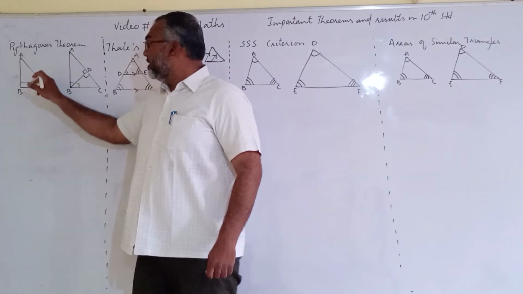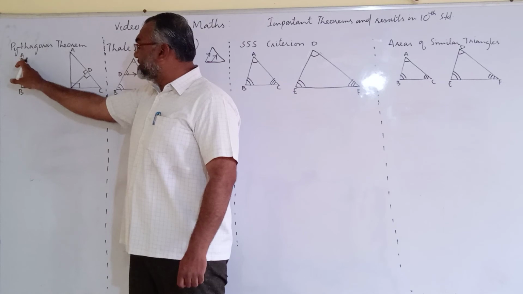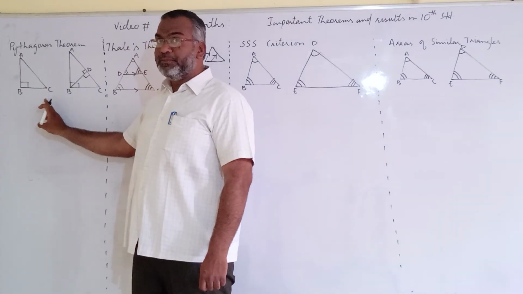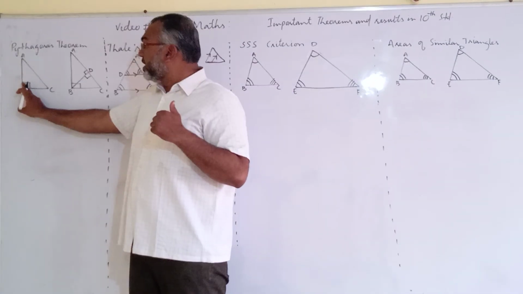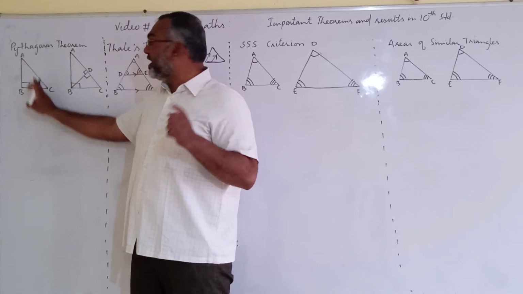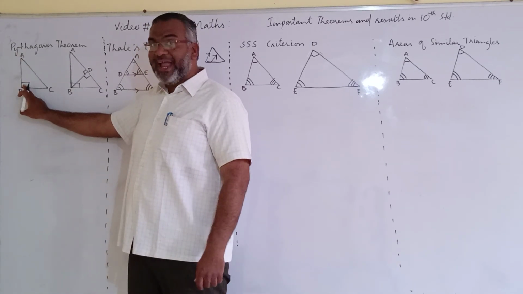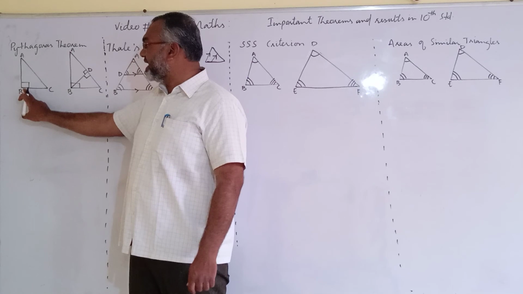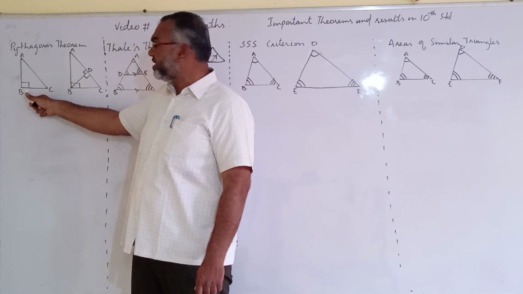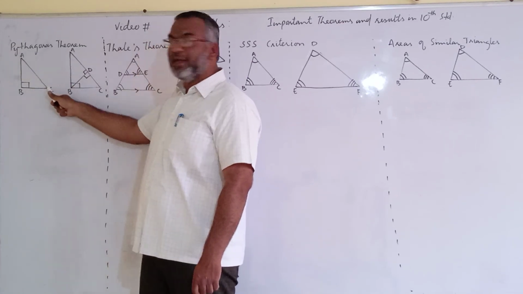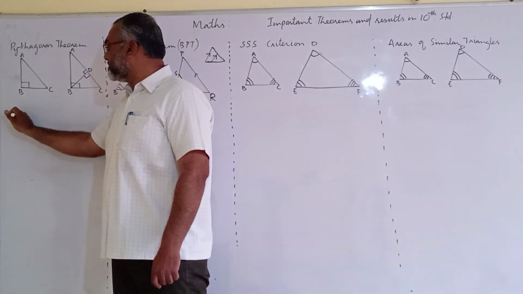Here AC is the hypotenuse. Why? Because the hypotenuse in a right triangle is the side opposite to 90 degrees. Angle B is 90 degrees, so opposite to it will be the hypotenuse, right? So here AC is hypotenuse.